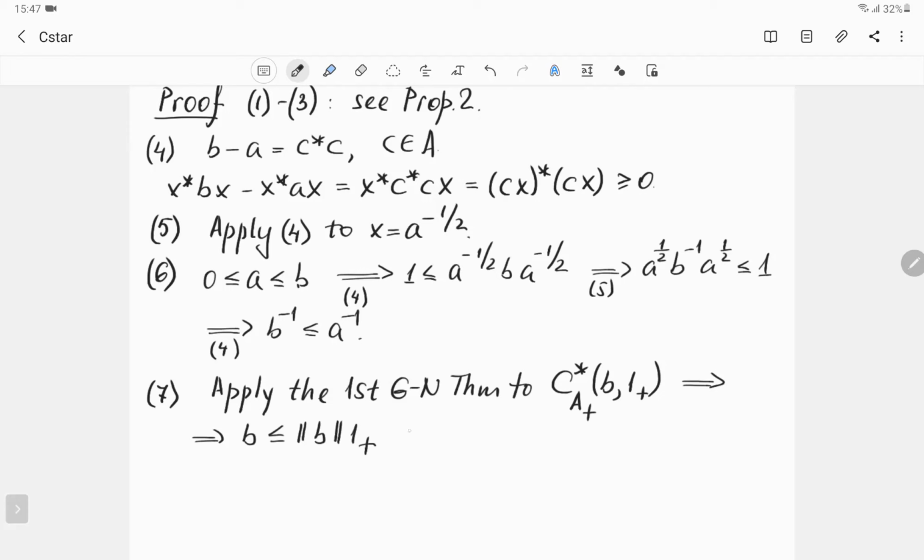Okay, now let's recall that A is less than or equal to B. So this implies that A is less than or equal to the norm of B multiplied by the identity. And now we apply the Gelfand-Naimark theorem again, but to the C-star subalgebra generated by A and the identity of A plus.